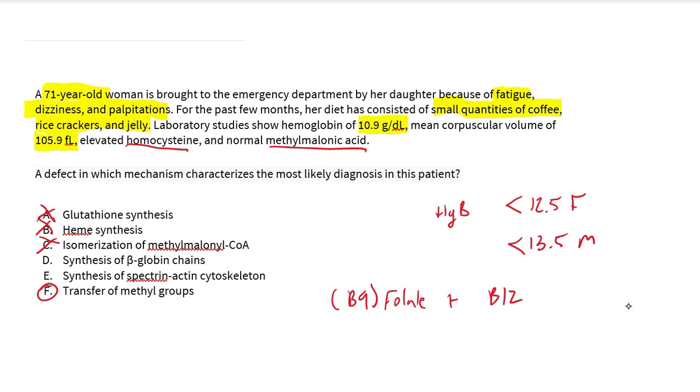This is referring to beta thalassemias, which are a type of microcytic anemia, so they would have a mean corpuscular volume of less than 80. E, synthesis of spectrin actin cytoskeleton. This is referring to hereditary spherocytosis, which is a type of normocytic anemia, and in this type of anemia you would see Howell-Jolly bodies. So by process of elimination, F has to be the correct answer, the transfer of methyl groups.